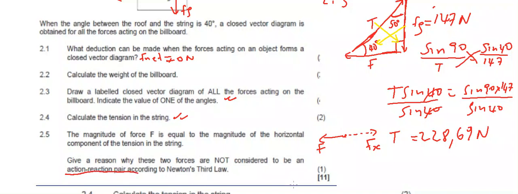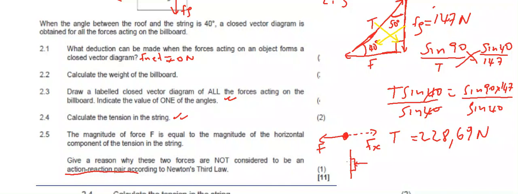Action-reaction pairs are forces that come from different objects. So here, because the forces come from one object, they cannot be action-reaction forces. For example, if you have a wall and a book, you compress the book there, and the force is applied by the hand.